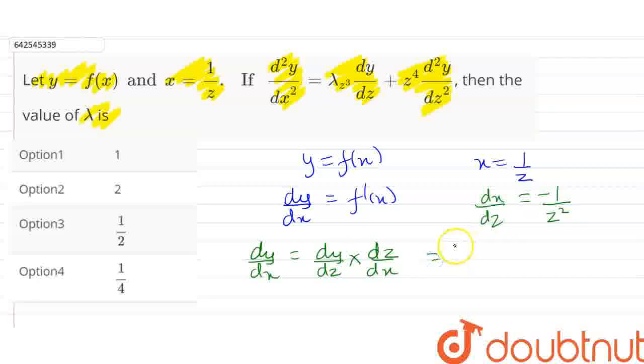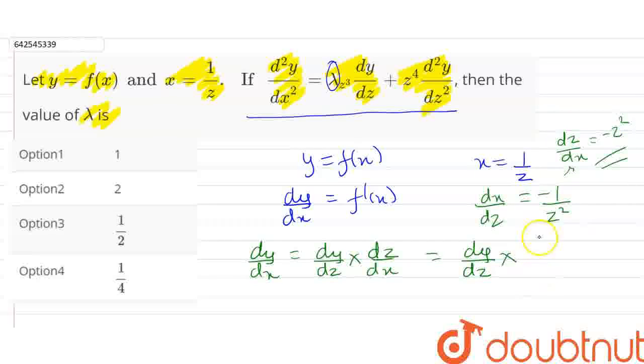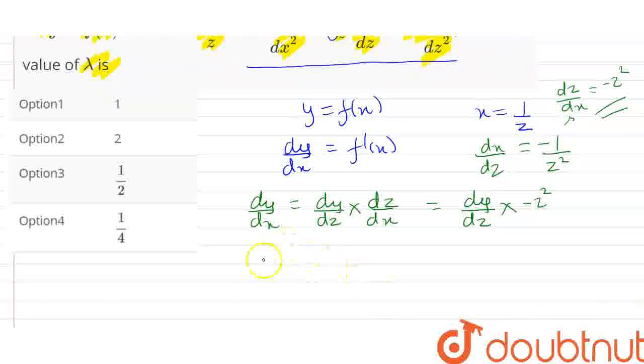So in the place of this we can write dy by dz into the reciprocal of this, that is dz upon dx is minus of z square. Now our dy by dx has become dy by dx is equal to dy by dz into minus z square.